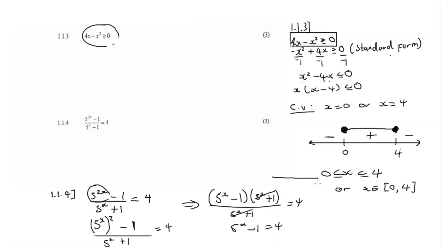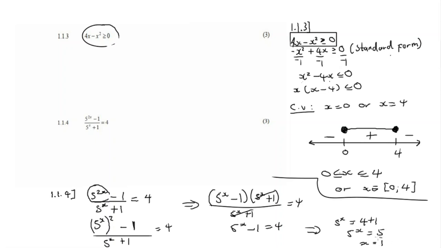So simplifying further here I get 5x equal to 4 plus 1, 5x equal to 5, 4 plus 1 is 5, so x is equal to 1. So this is a 1 to 1.